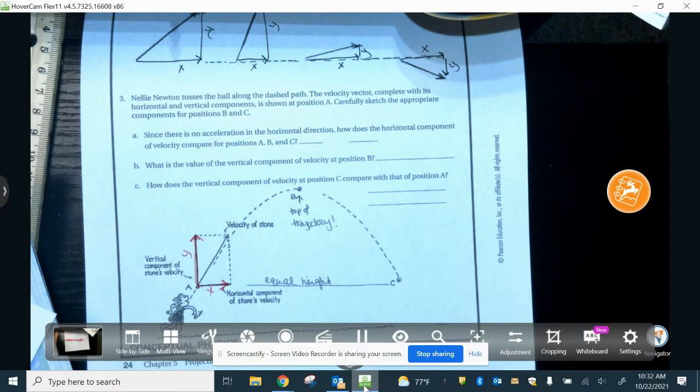How does the component of velocity compare for positions A, B, and C? If you have 0 acceleration, is your velocity changing? Yes or no? No, because accelerations change velocity. So if you have no acceleration, no change.